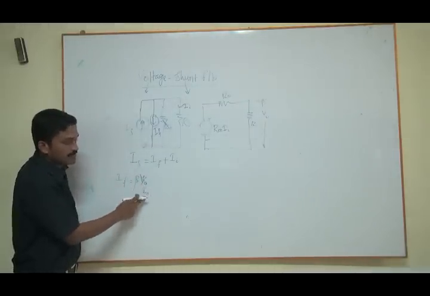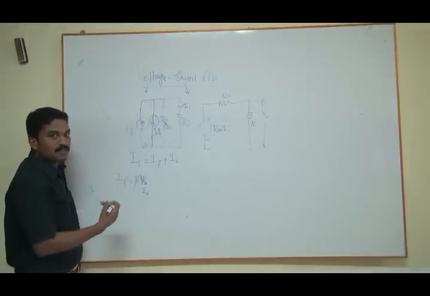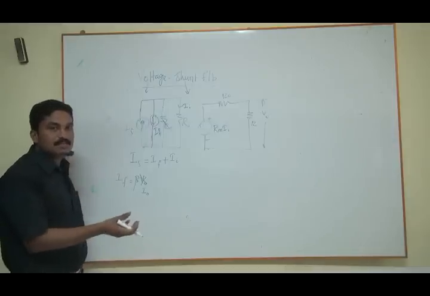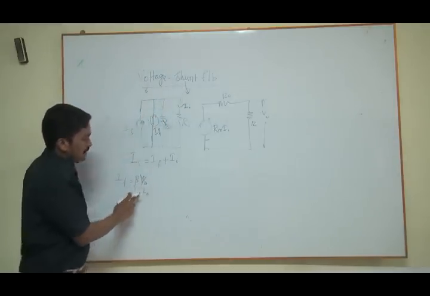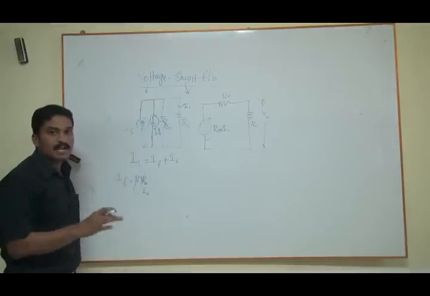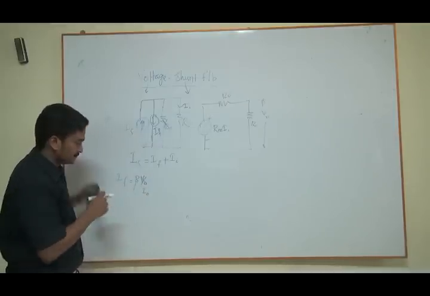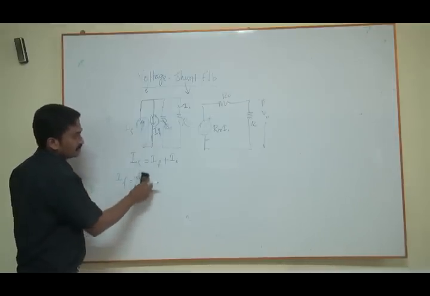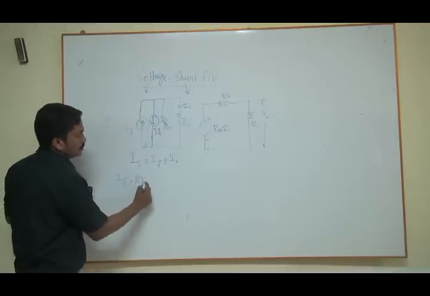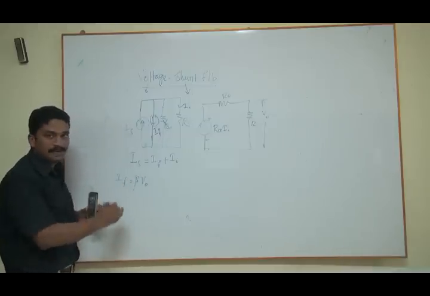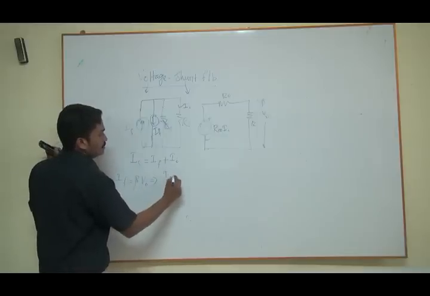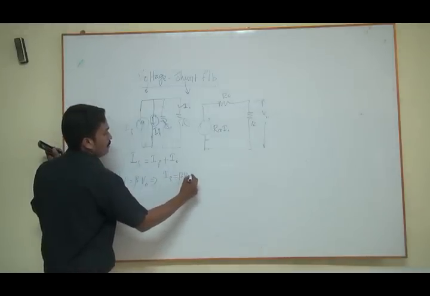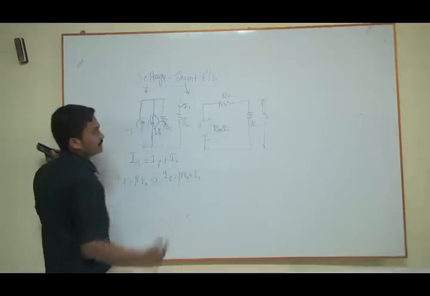Which means for current series and current shunt, I have to change this V naught into I naught. Clear? But now it is a voltage shunt. So output is voltage. So IF equal to beta into V naught. So IS equal to beta V naught plus II.